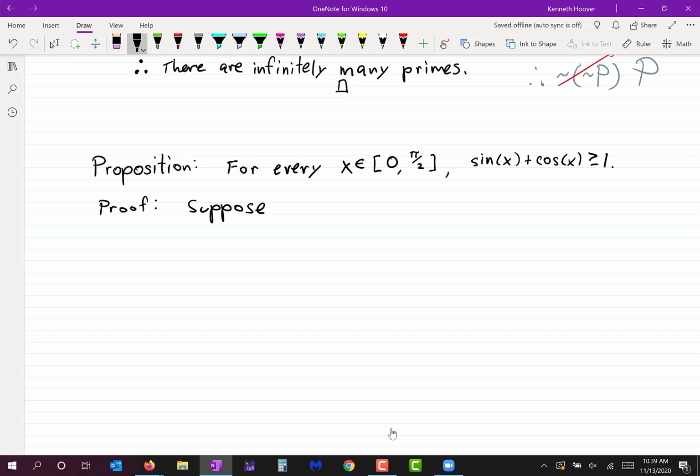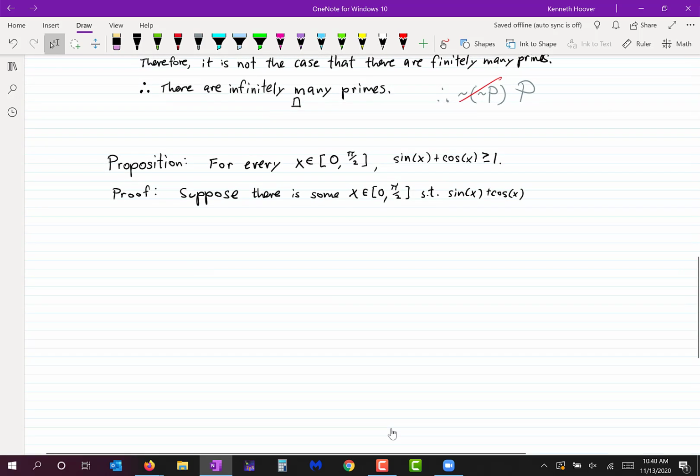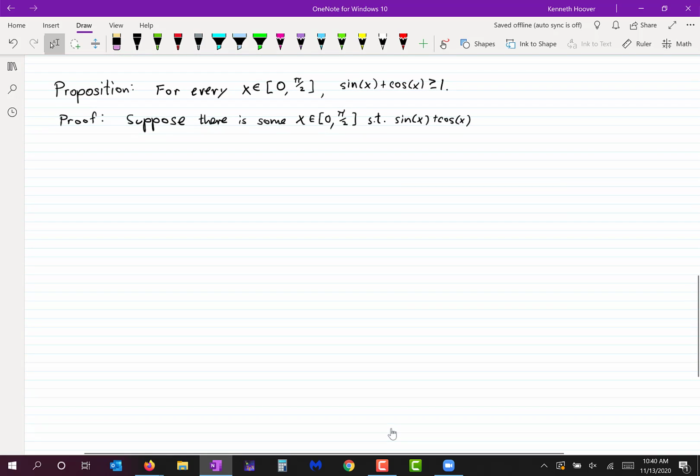The negation would be there is some x from 0 to pi over 2 such that sine of x plus cosine of x is less than 1. Okay? That is the negation of what we want to prove.